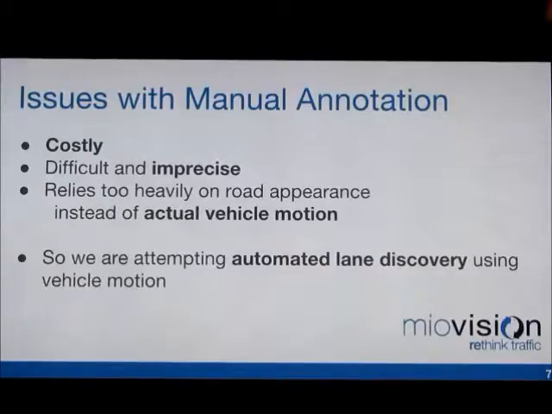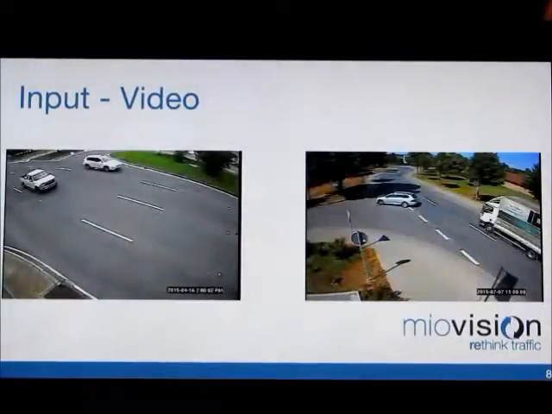So we're attempting to automate this process using computer vision, and we found doing lane discovery using vehicle motion provides more precise and consistent location of lanes. So we get input video and we run it through and find the motion. So how do we do this?